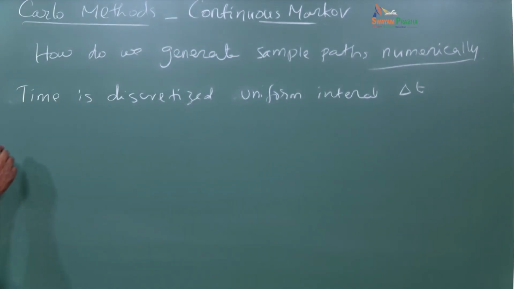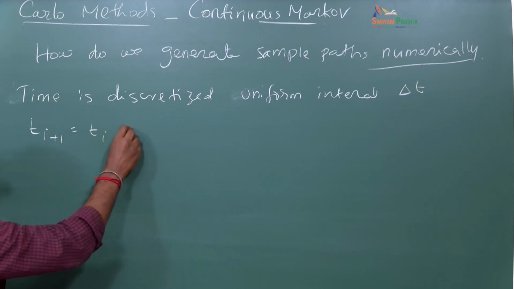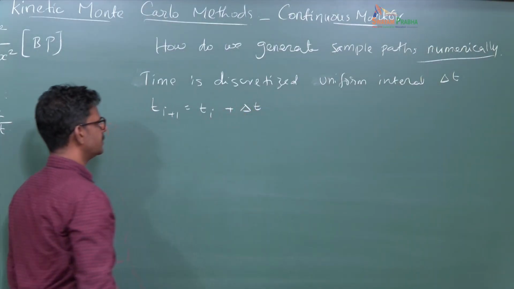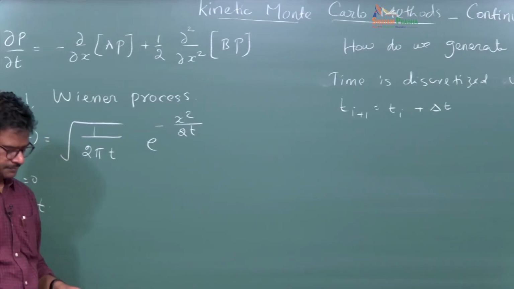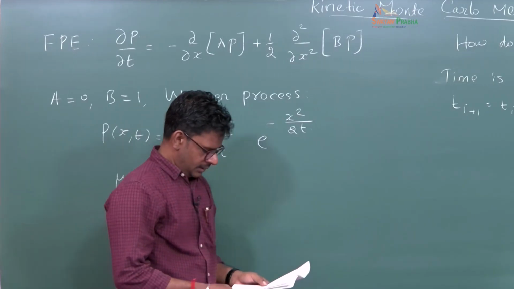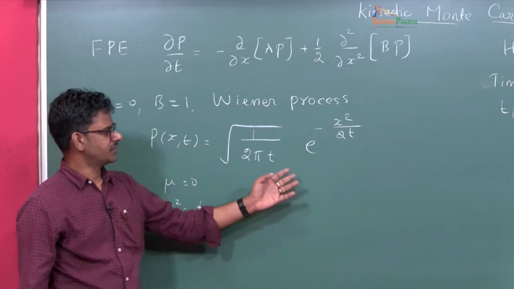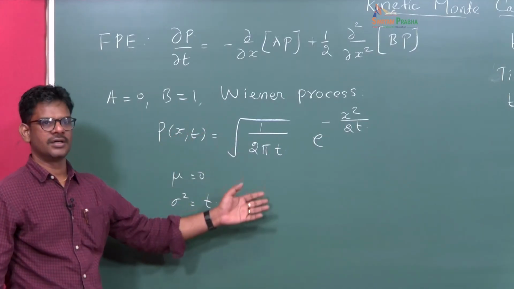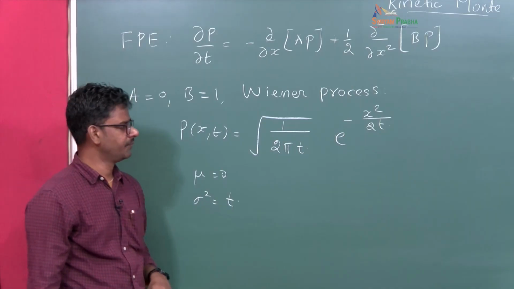Then time can be written as t_{i+1} equal to t_i plus delta t. So first we discretize the time. Now for each t_i time point, we want to know the particle position that follows this Wiener process. From the solution of this Wiener process, this is a Gaussian random variable with mean equal to 0 and variance equal to t.